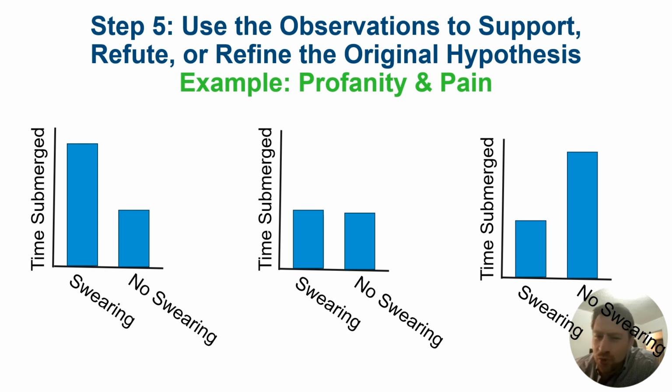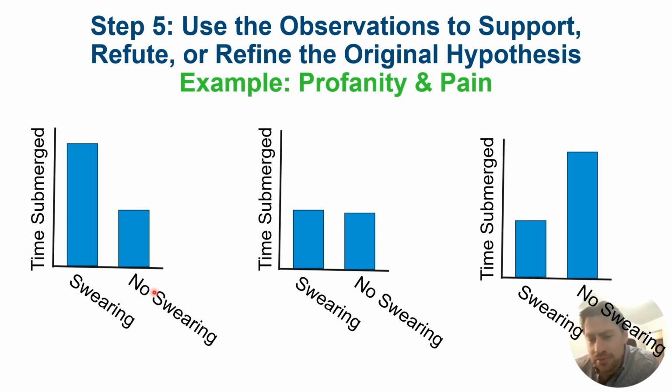All right, so for our example of pain and profanity, let's imagine some hypothetical results of the study and talk about how we would interpret those results in the context of our original hypothesis. So let's begin on the left. So here we are plotting time submerged. This is how long people spent with their hands in the ice water. So this is a proxy for pain tolerance. And we're comparing our two groups, the swearing and the no swearing group.